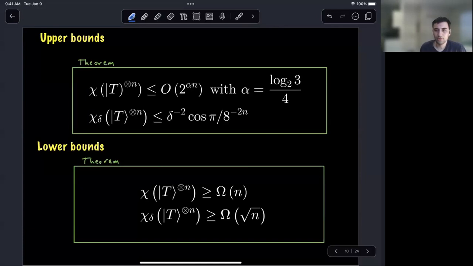Before our work, the best lower bounds for the stabilizer rank were as follows. We had a linear lower bound for the exact rank, and a square root lower bound for the approximate rank.